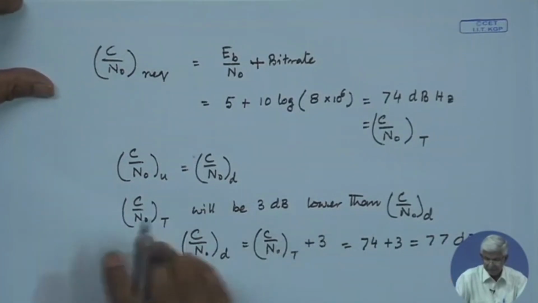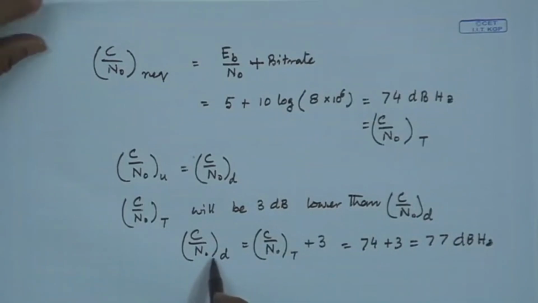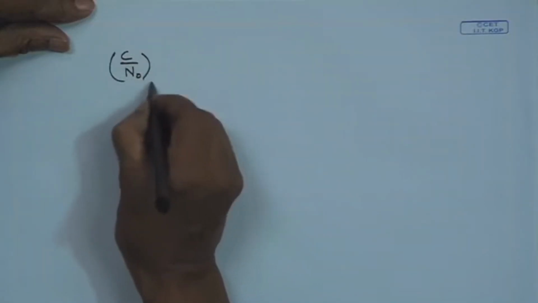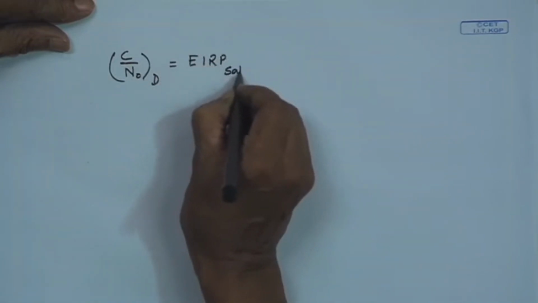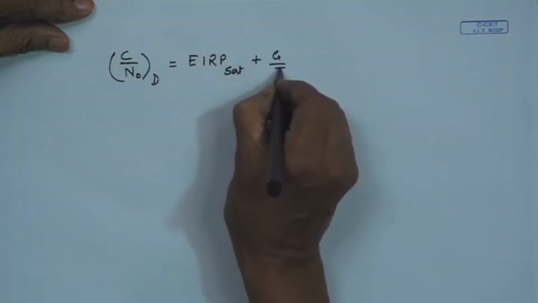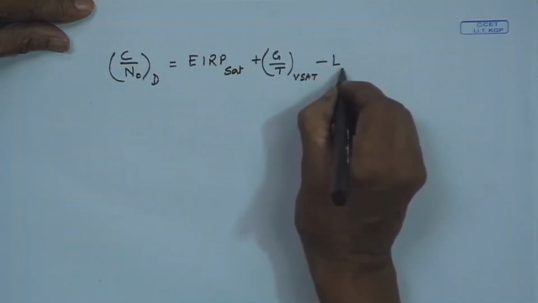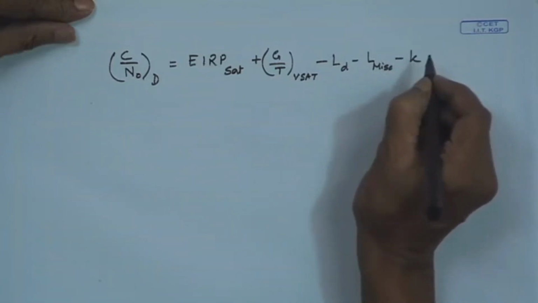You have understood the way we calculate. So we come to know now what is the C by N naught down. One side link is known, and since the other parameters of that link are known, we can find out the EIRP from the satellite. In the downlink, C by N naught down is EIRP from the satellite plus G by T of the VSAT, minus path loss in the downlink, minus miscellaneous loss, minus k, that is Boltzmann constant.